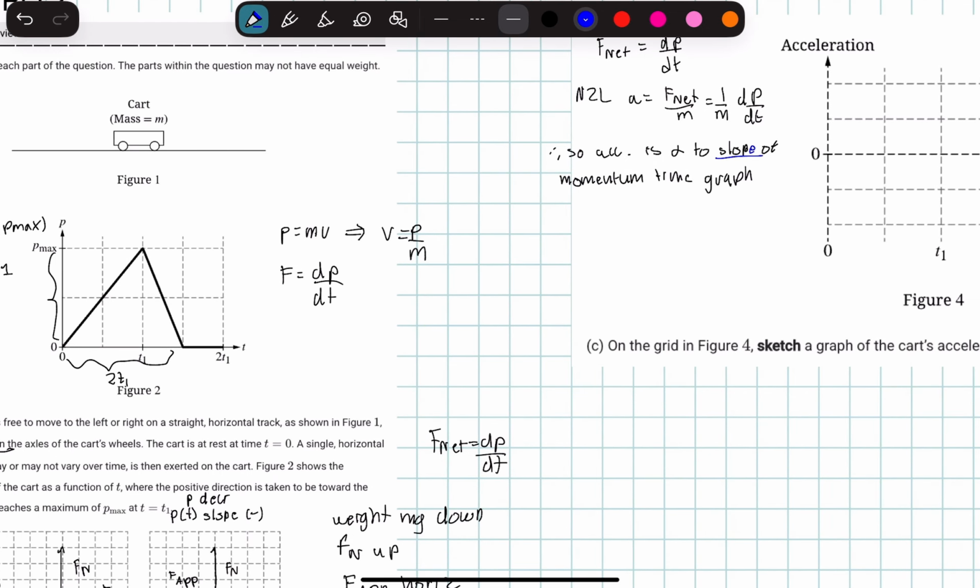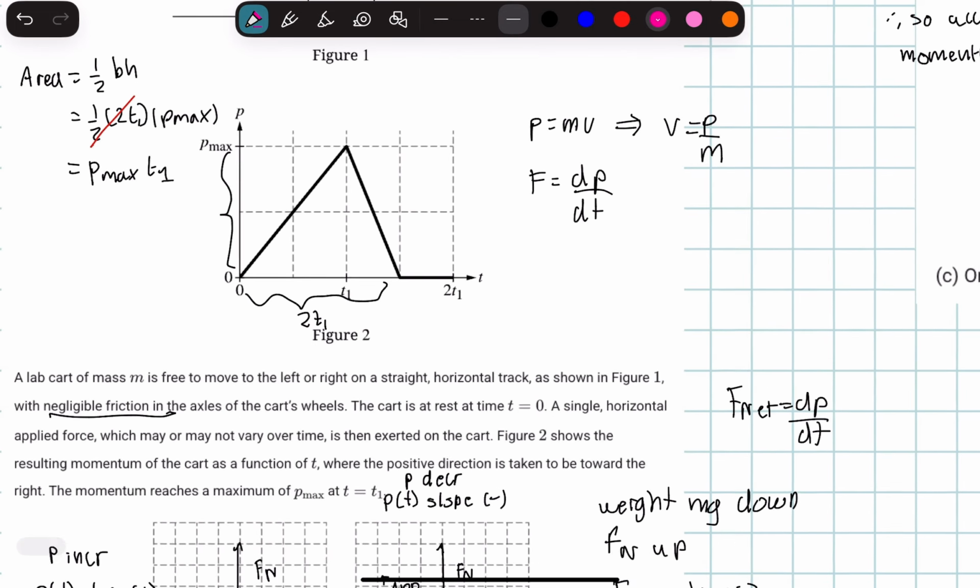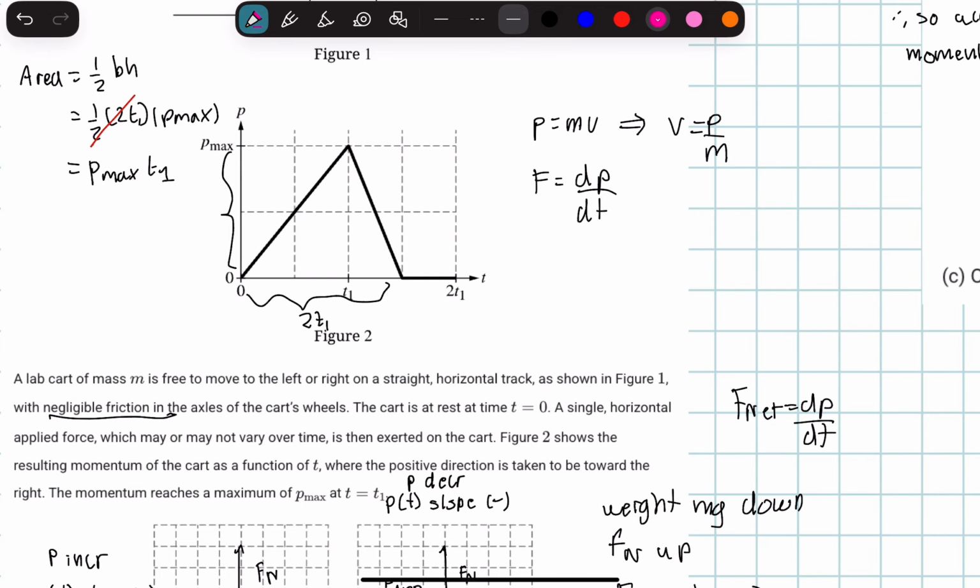So we can read the slopes from the momentum time graph. Let's do this in pink. So we can see that the slope from t equals t1 to 2t1, momentum decreases linearly back to 0. Slope is going to be constant and negative, and this line is steeper than the rising part.